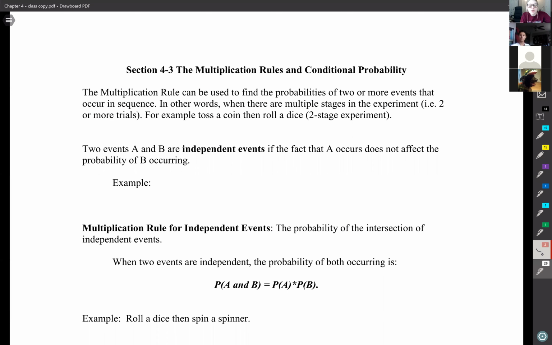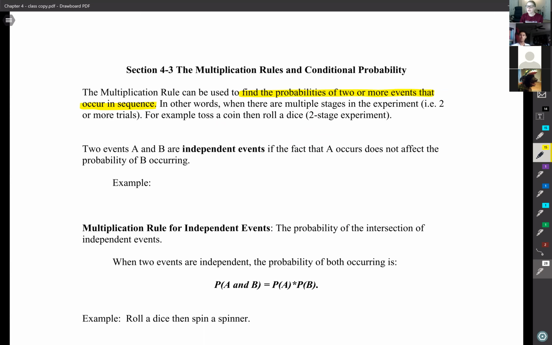Okay, so with the addition rule, we talk about two events happening at the same time, and that's when we want to know what the probability of that is. But the multiplication rule is a little bit different. The multiplication rule is used to find probabilities of two or more events that occur in sequence. So they occur back to back, not at the same time.